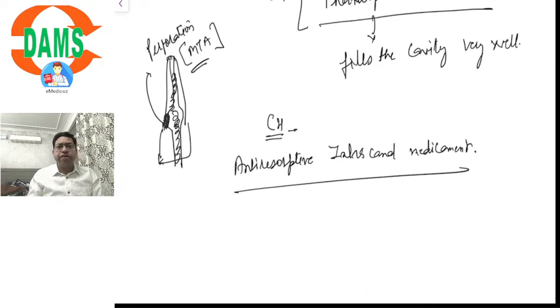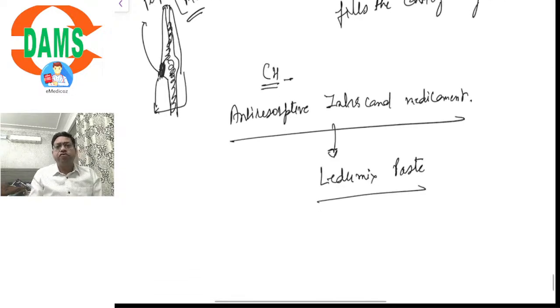Anti-resorptive intracanal medicament means it inhibits the activity of odontoclast cells, that is Ledermix based. It is better suited as compared to calcium hydroxide. So this is a better intracanal medicament, Ledermix based.